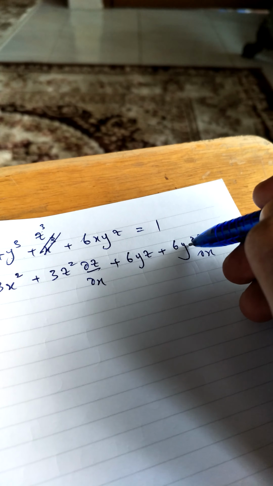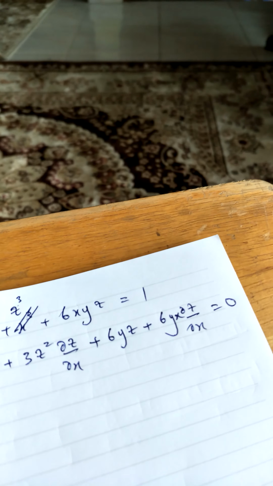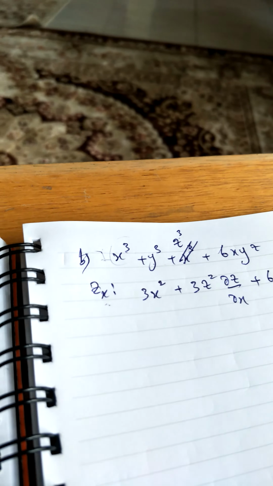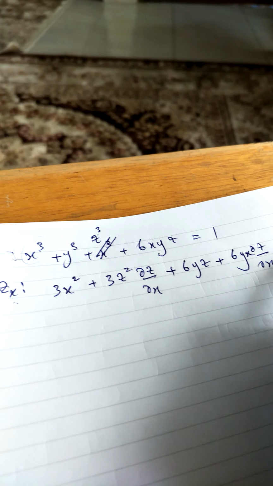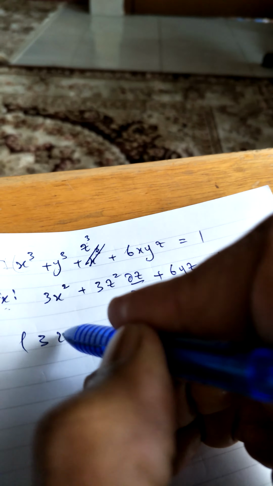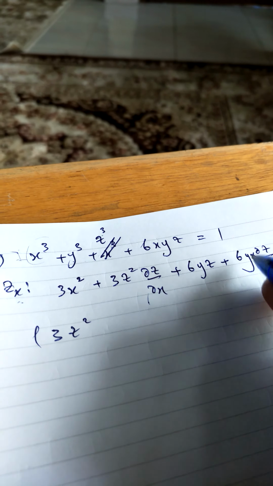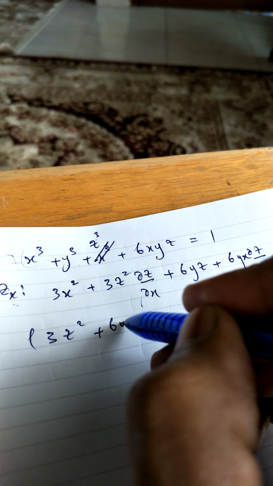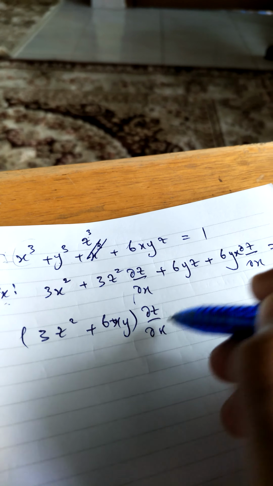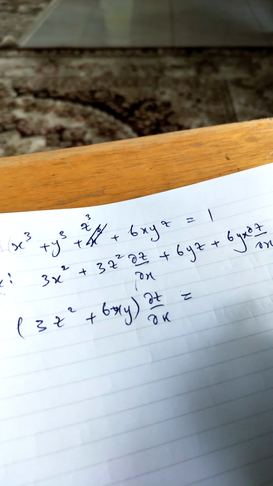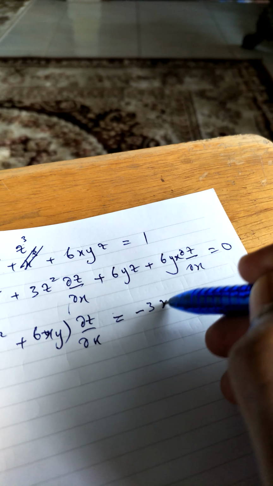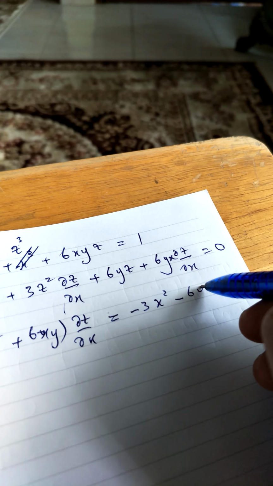You're missing x here. Then from there you can just simplify this, put the del z del x terms together. So we have 3z squared plus 6xy, times del z del x. Bring the rest to the other side, minus 3x squared minus 6yz.